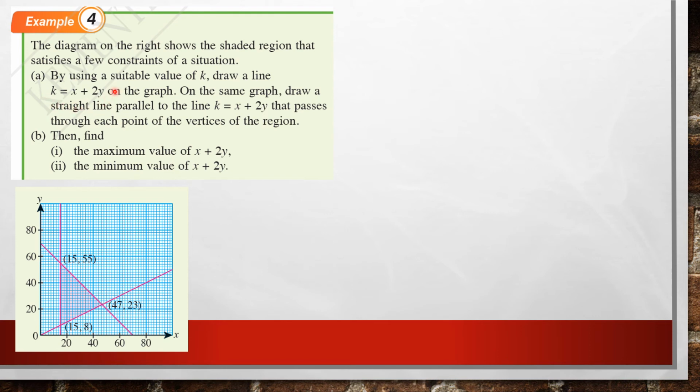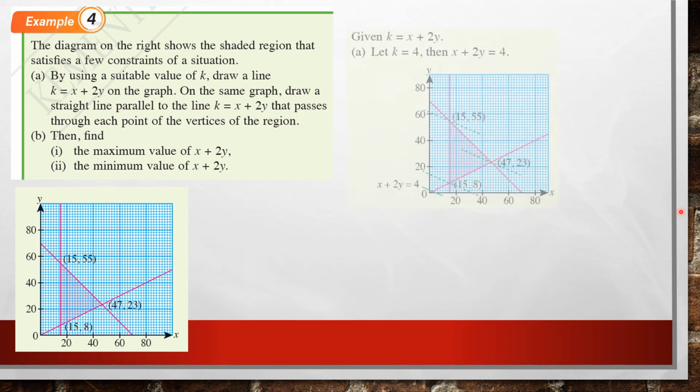This equation is also known as the objective function. So by using a suitable value of k, that means you are going to draw a line by substituting the value of k with a suitable number.